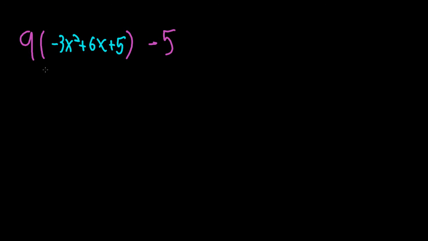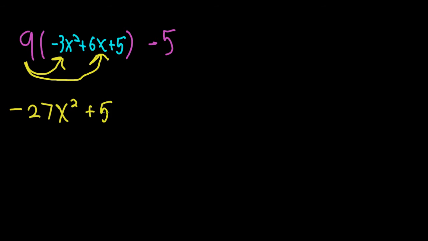Alright, from here, it's just a simple matter of multiplication. So I'll have 9 distributed here, so 9 times negative 3x squared, which will get me negative 27x squared. Then I have 9 times 6x, which will get me plus 54x.